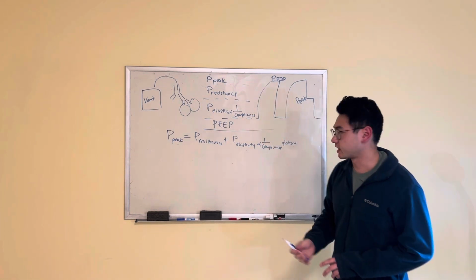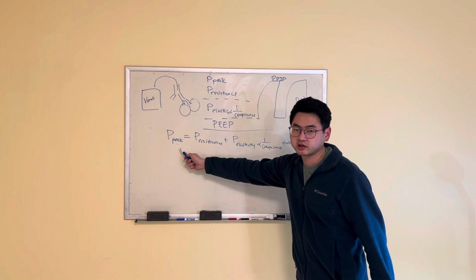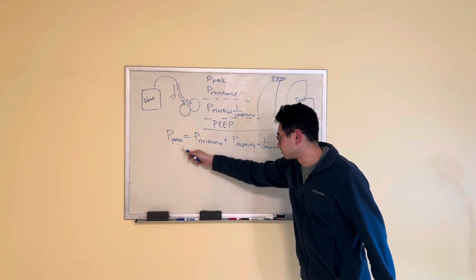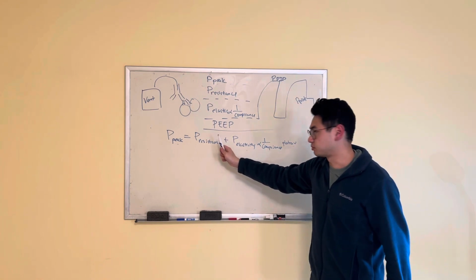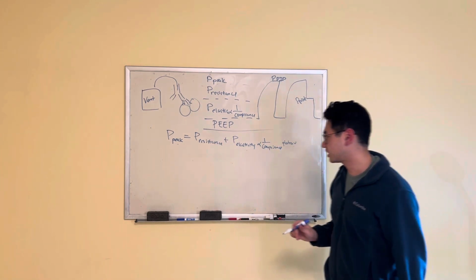All right, and then for this final part, what I want to do is to show you that in this equation, we've related the peak pressure as proportionally related to the resistance and inversely related to the compliance.